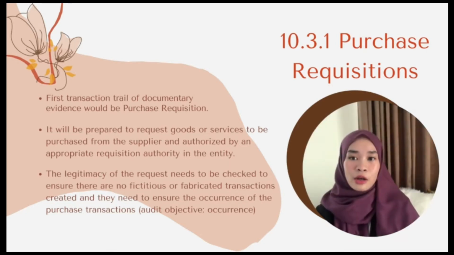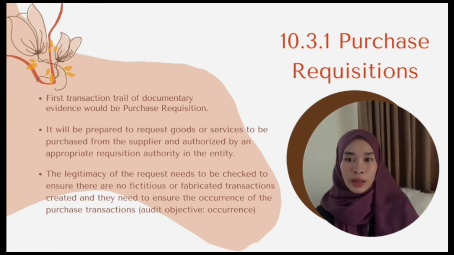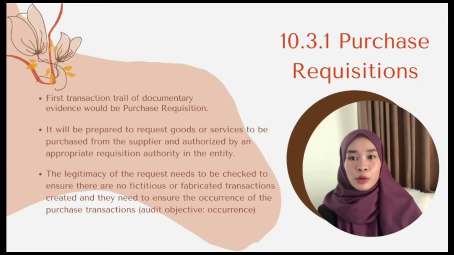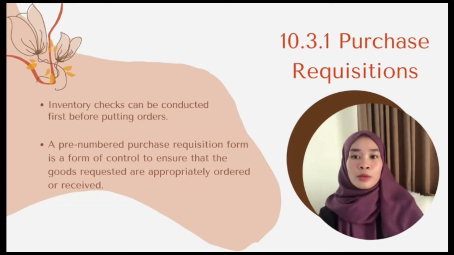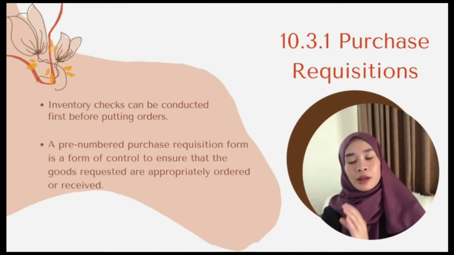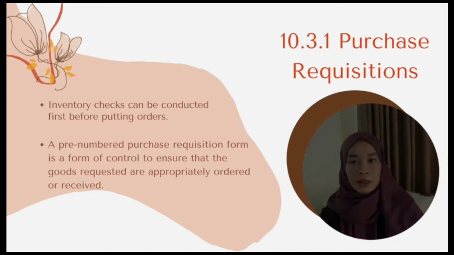The authenticity of the request needs to be checked to ensure that there are no fictitious or fabricated transactions created. It is for them to ensure that the transactions meet the objective of audit, which is occurrence. To ensure the occurrence of the transaction, they need to check the inventory first before putting orders.